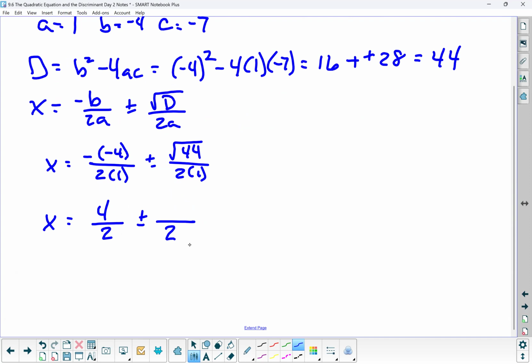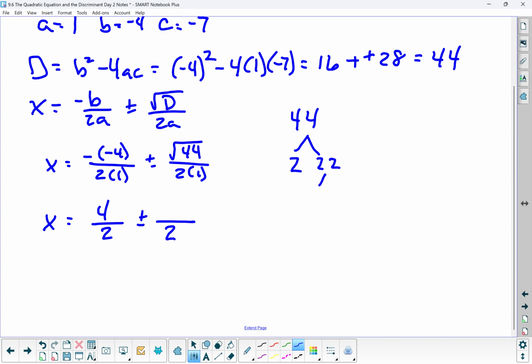The only thing we have left to do is to simplify that square root. Again, we can use either the perfect square method or the factor tree method. I'm going to do this one with the factor tree, but you could also use the perfect square method, and I'll do one of those later. The first thing I do is check for 2. Does 2 divide evenly into 44? 44 divided by 2 is 22.